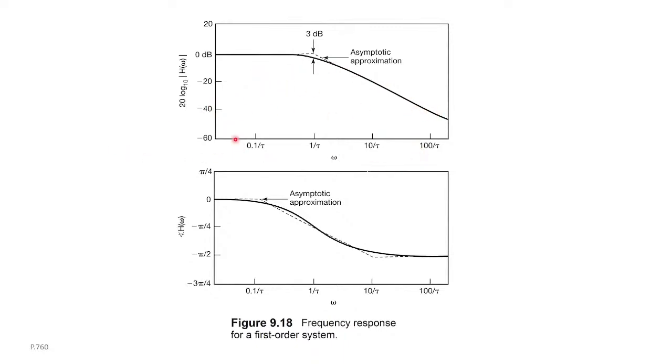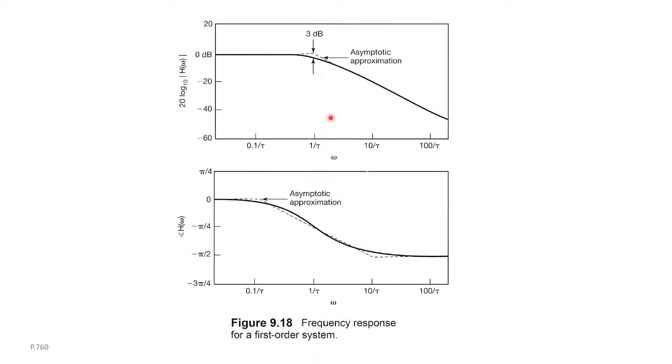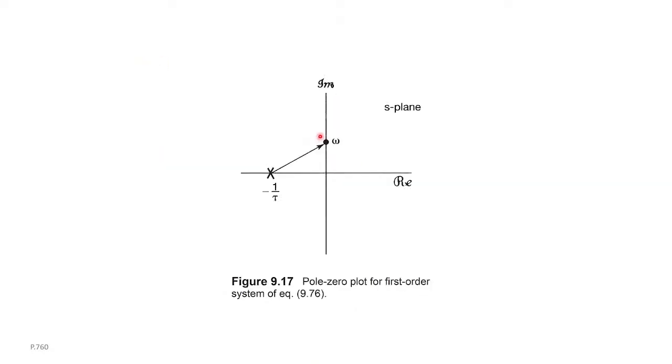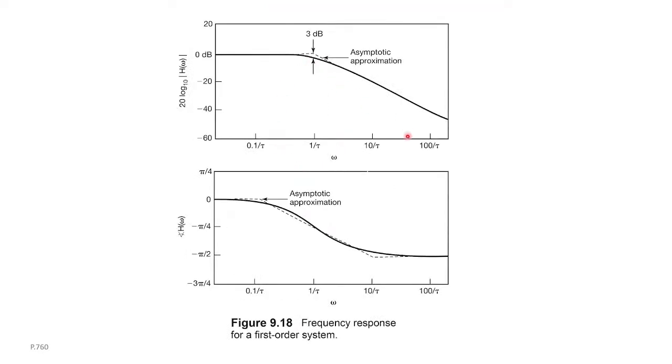And there is an interesting thing, it's 1 over tau, because you can think about how fast this decays to 0, and that will probably relate to how far away this omega is from this point, right? And that distance is 1 over tau. So how narrow your low pass filter is will depend on this number tau here, or more like 1 over tau.